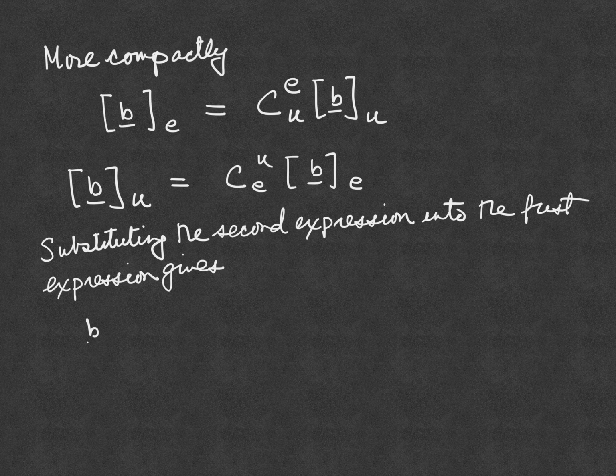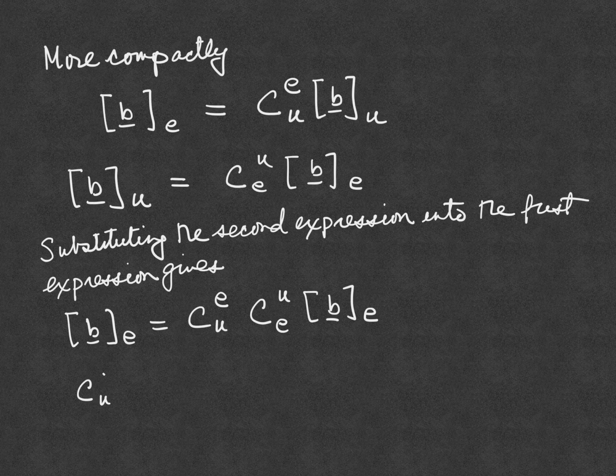We get B expressed in E is equal to C U to E times B expressed in U. But B expressed in U is C E to U times B expressed in E. Now, given that the end result has to be the same as the beginning result, that means that these two operations have to be inverses of one another. C U to E times C E to U has to give me the identity matrix.